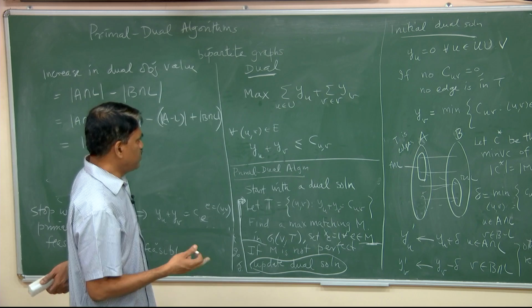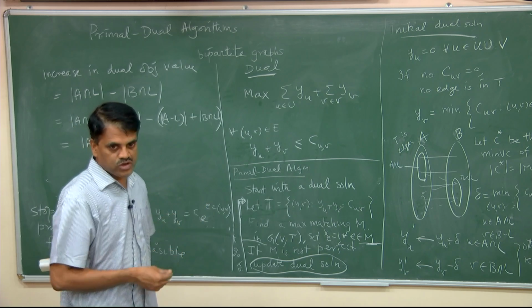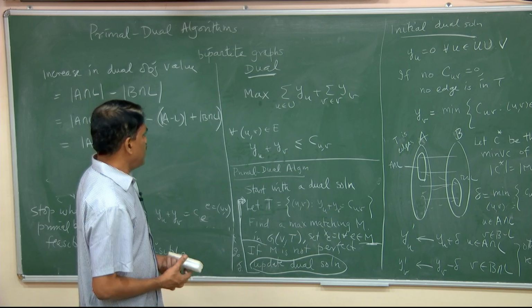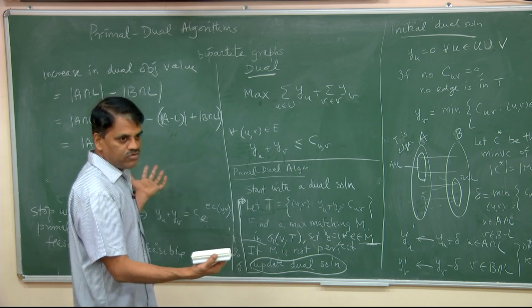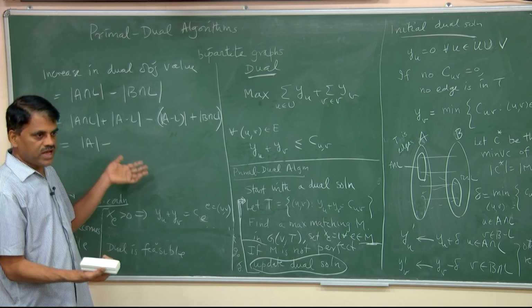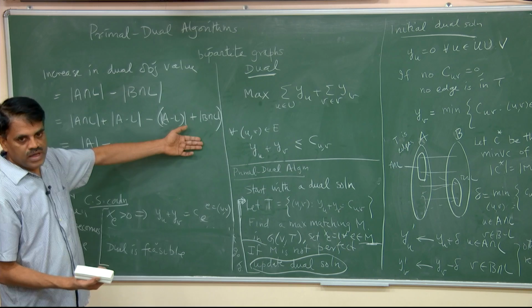Well, we argued when I was trying to show Konig's theorem that A minus L and B intersection L form a vertex cover whose size is exactly equal to the size of the matching, right?